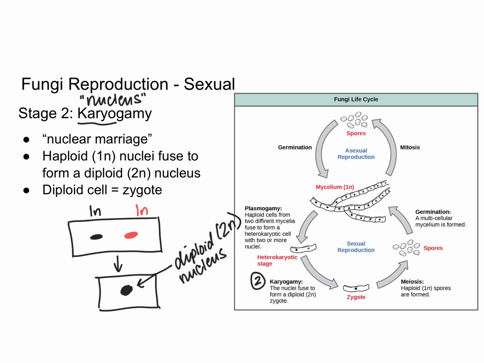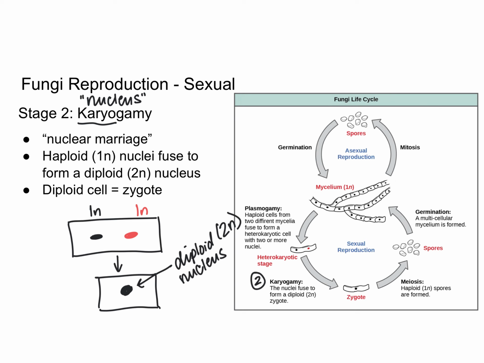And remember that these nuclei are membrane bound because fungi are eukaryotes. So it's the nuclear membranes that are actually merging together, bringing the genetic material inside the nucleus together with the genetic material inside the other nucleus.